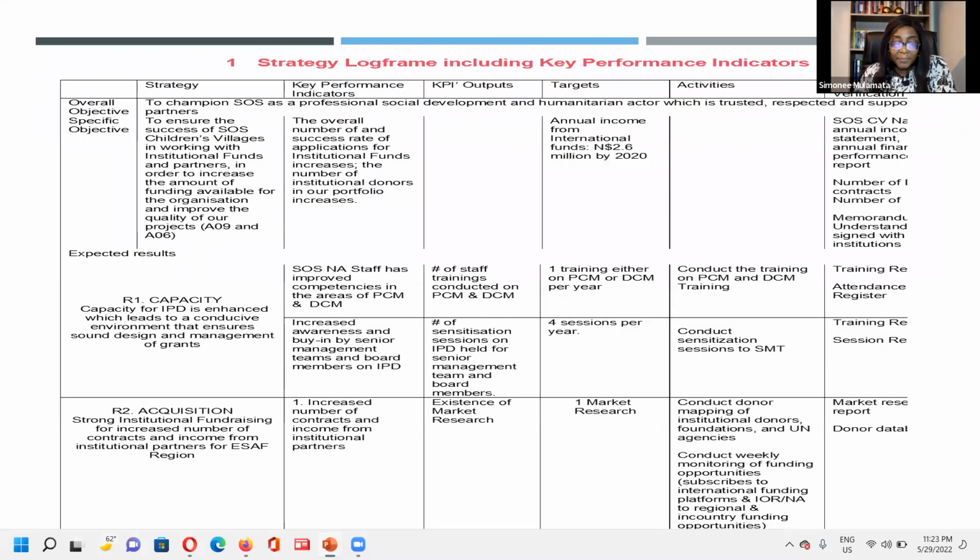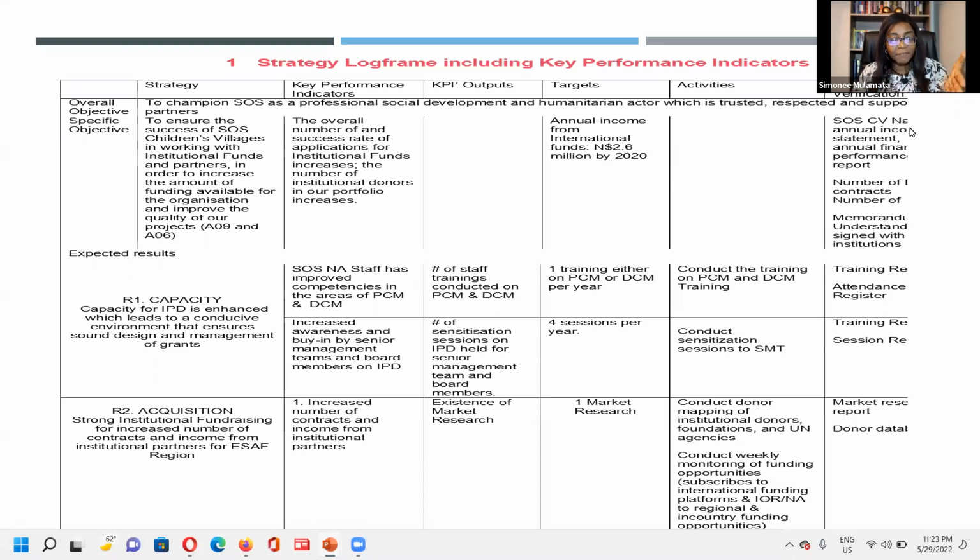Now, I wasn't able to give a proper example, but this one I've just pasted here for you. This is just a log frame. Okay, this is a log frame. And this is more of a strategic plan than an M&E plan. But log frames are practically the same.